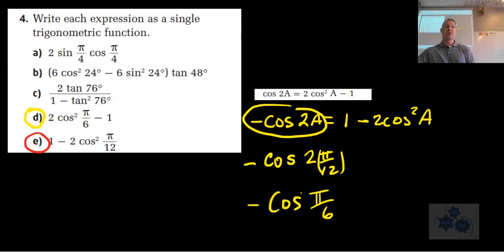If you look at your unit circle, you could write this as a positive value, if they don't like the negative. This is negative cos pi over 6. So pi over 6 would be up here somewhere, that's 30 degrees. So the negative value of that, is there another cos function that would be the negative value of that?